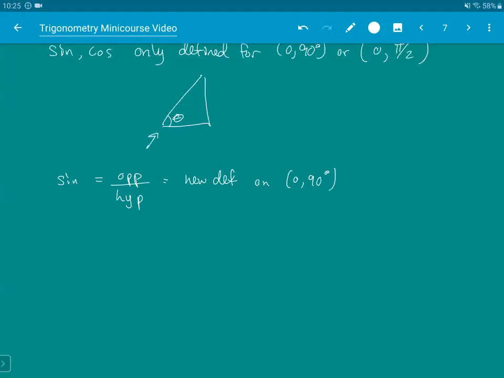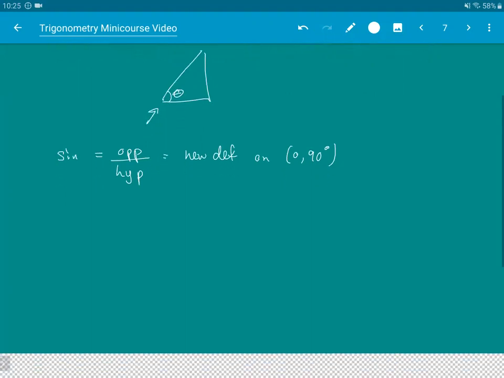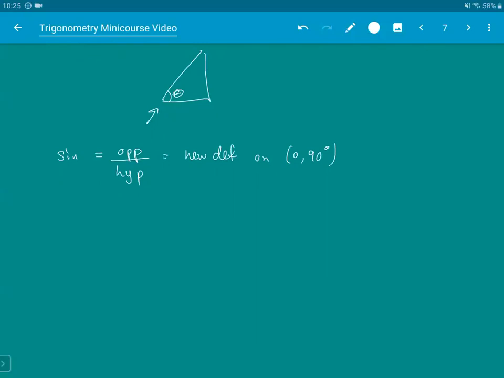So as long as these two definitions match up, then we can define our function to be something else on bigger angles. And now it's not immediately clear why you would even want this, but once you see the definition and work with that a little bit more, you'll begin to get an idea for why this might be useful in the future.